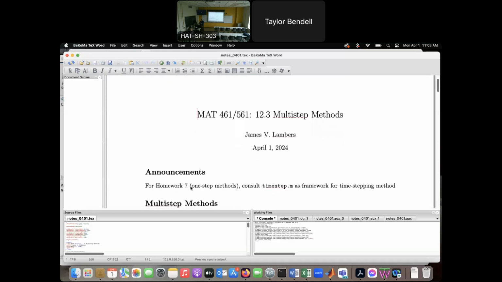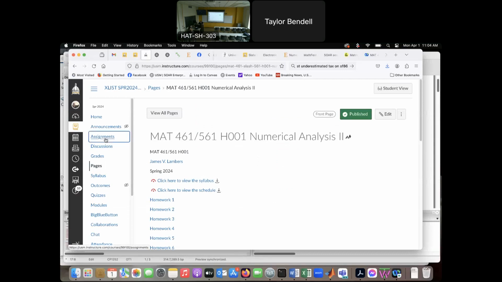Okay. First, a quick item about a homework that's related to what I was just covering. In one-step methods like Euler's method, Runge-Kutta methods, etc., I mentioned an M file, timestep.m, to get a general idea as to how a time-stepping method could be coded. Although I want to make sure that I actually posted that file.